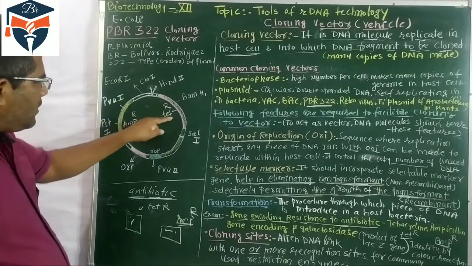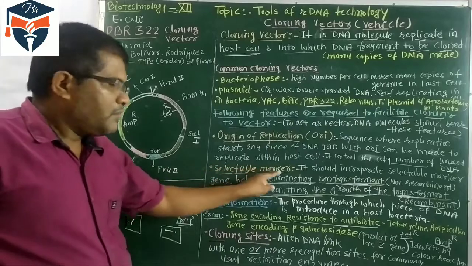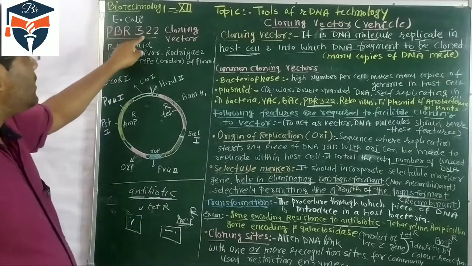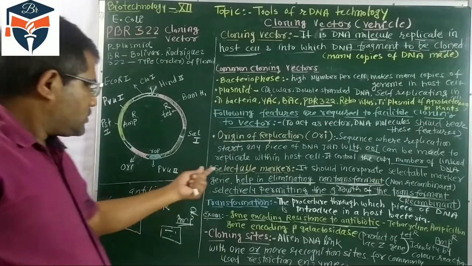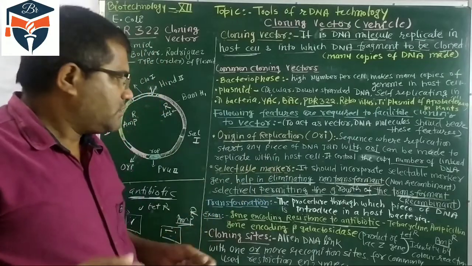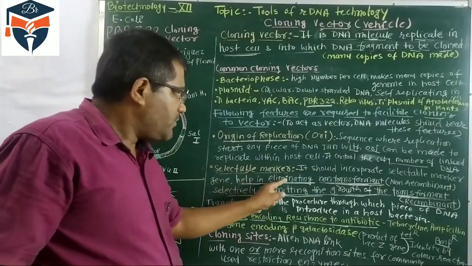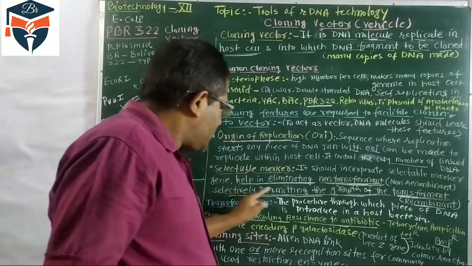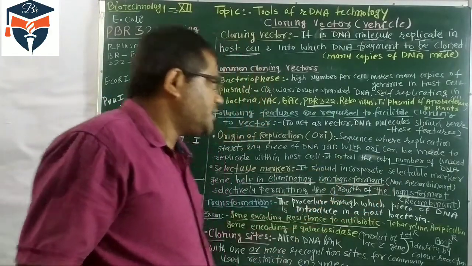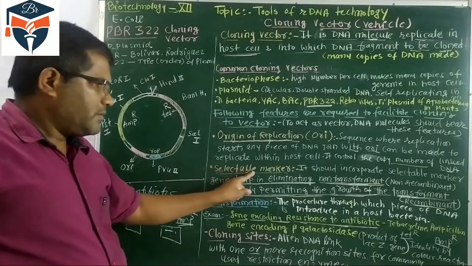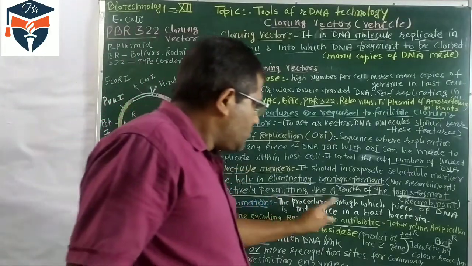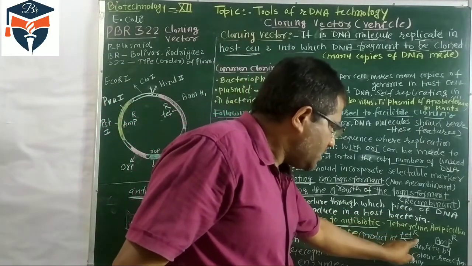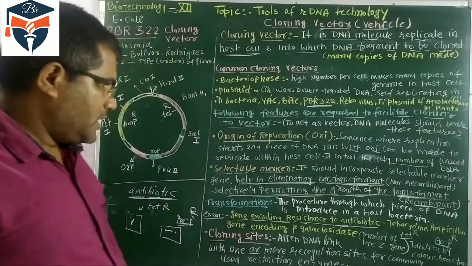These two are the selectable markers in pBR322. So what is the function of a selectable marker? These are the genes which help in eliminating the non-transformants and permit the growth of transformants, and it is called a selectable marker. So commonly used selectable markers are the tetracycline resistant gene and the ampicillin resistant gene.